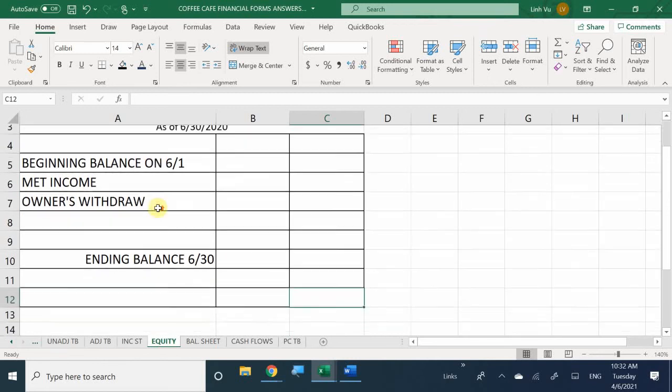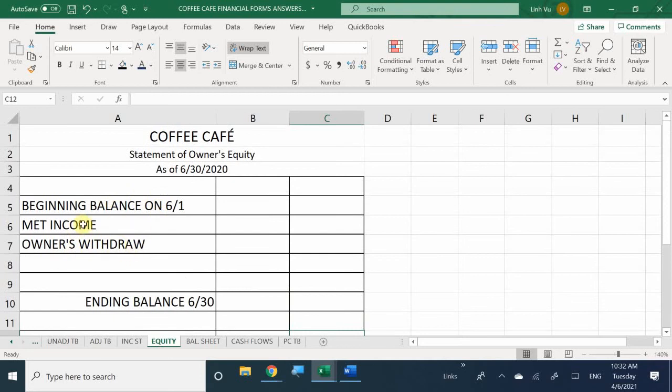So that is what this table is, and I added those little accounts there for you so you have an idea. The first thing is going to be our beginning value in equity as of June 1st.